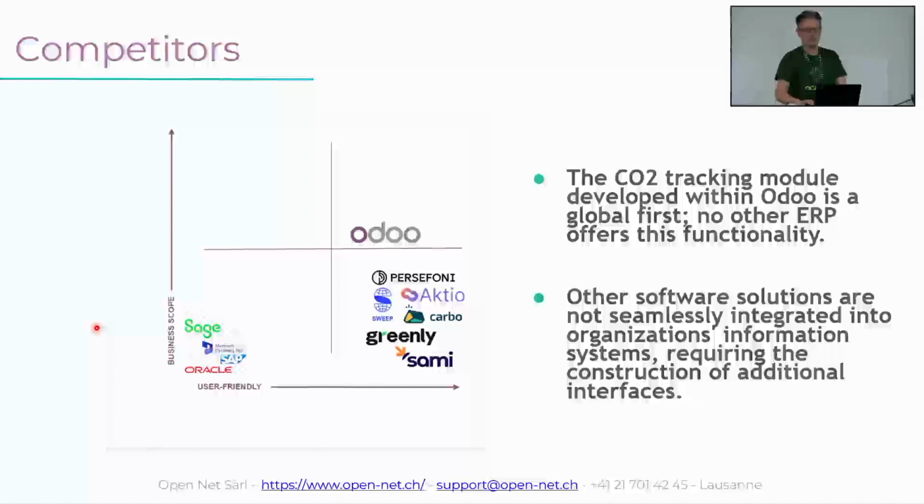None of them have a solution today. There's no ERP in the world that is providing an integrated carbon reporting. And what we did on top of Odoo is still a bit on the left, as you can see, because it's not that glossy, as you will see later on, but it's fully integrated within the ERP, and you will see all the benefits.